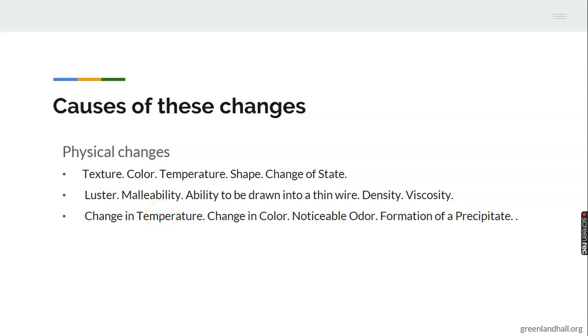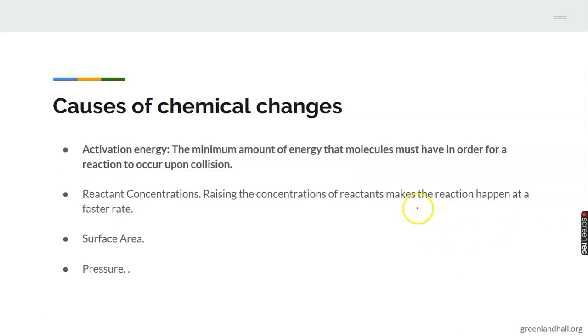For instance, matter that is always shining, lustrous, becomes dull, which means there is a change. Same with change in color, odor, and formation of precipitate. Those are the changes that can be caused in physical reactions.